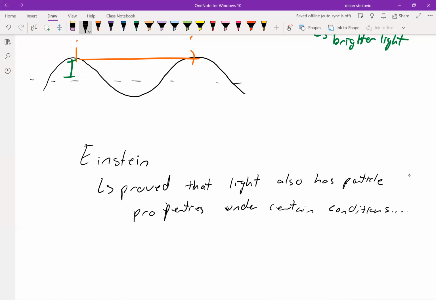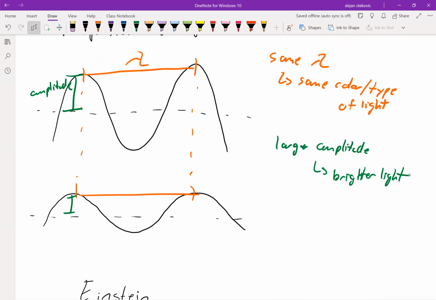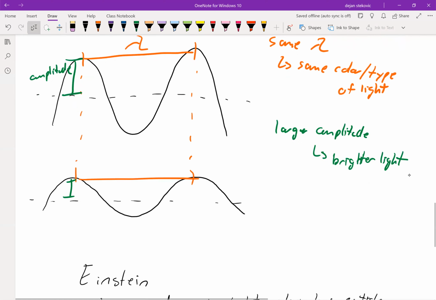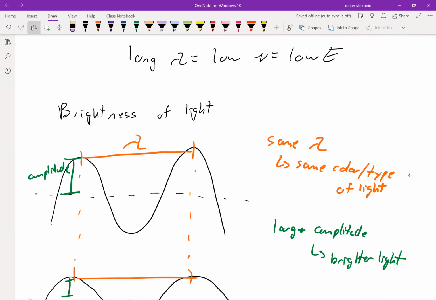So sometimes light acts like a wave, sometimes it acts as a particle, but for the purposes of our course, we're mostly going to consider it a wave. We'll talk about some quantum mechanical weirdness later, but we're just going to briefly touch the subject and not get too in depth.